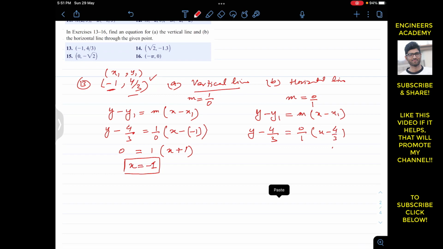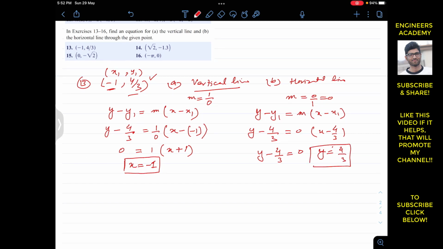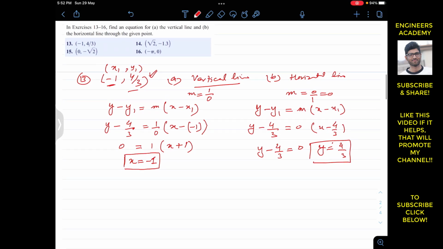Now if I multiply both sides of the equation by 1, this 0 divided by 1 is 0, basically this slope is 0. So the right hand side of the equation will become 0, and we will be left with y minus 4 divided by 3 equal to 0, and y equals 4 divided by 3 is the equation of the line which is horizontal and passing through this given point.